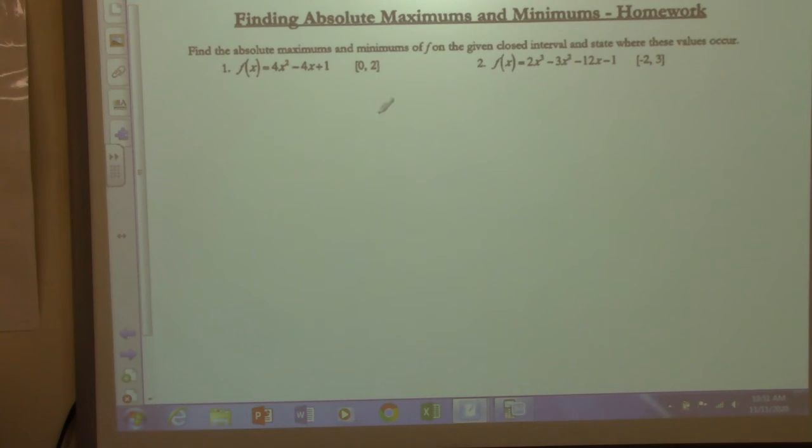So why don't you just do 1 and 2 right here. All right. Absolute maximum.